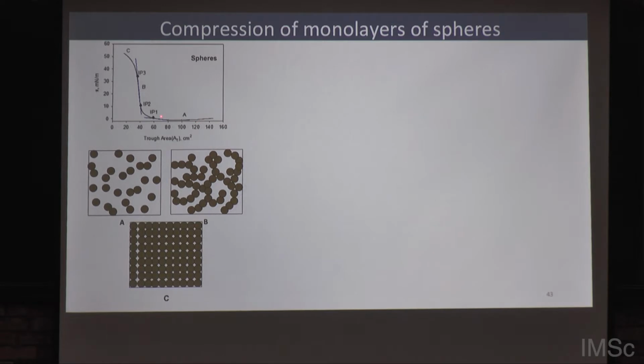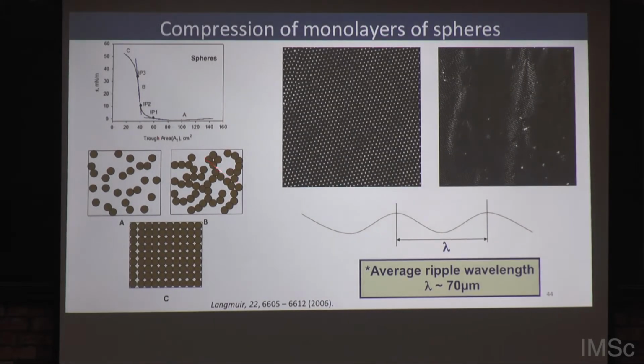At some particular point IP3 we should expect the formation of a close packed system, because by moving the barrier there is still enough empty space available for the particles to rearrange, and at this point your monolayer should look something like this. If you do microscopy along these lines, this is what we see. That is at IP3, the inflection point here. We really form a 2D crystal.